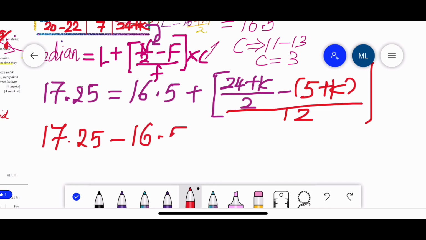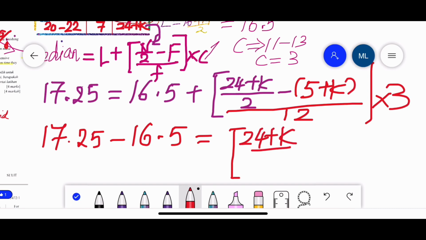Now we try to simplify. First step, you take 16.5 to the left, minus first. It's very complicated, so the bracket, we leave it first. So you have 24 plus K over 2 minus 5 plus K, you don't disturb first, over the 3 and 12 you can simplify, right?